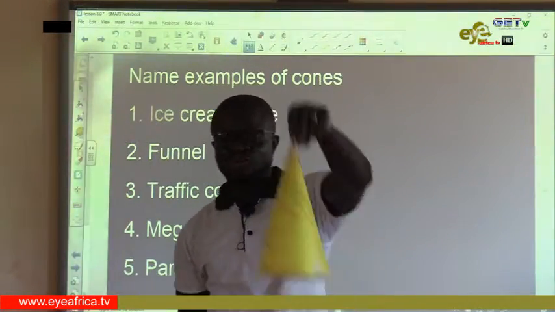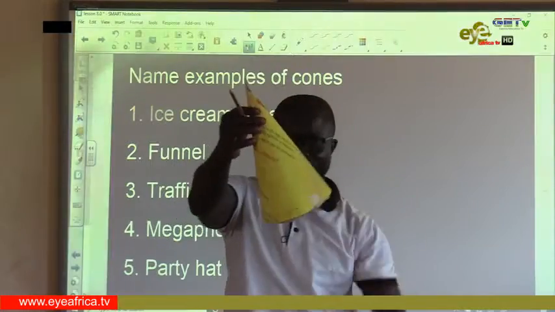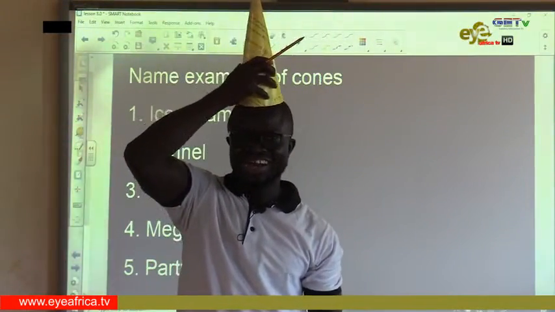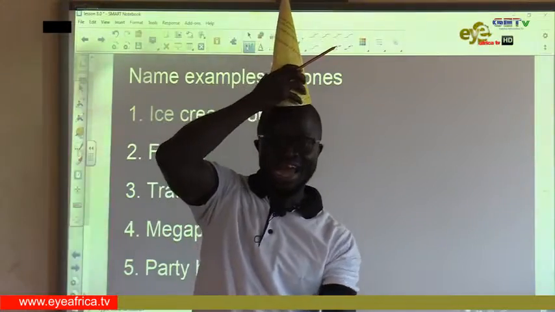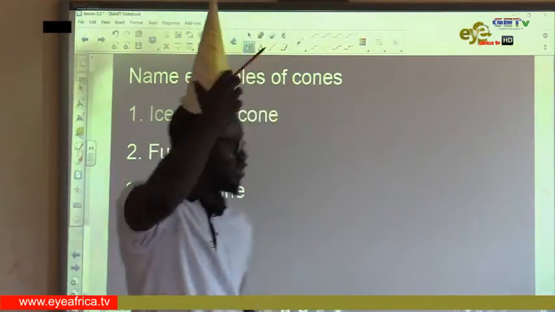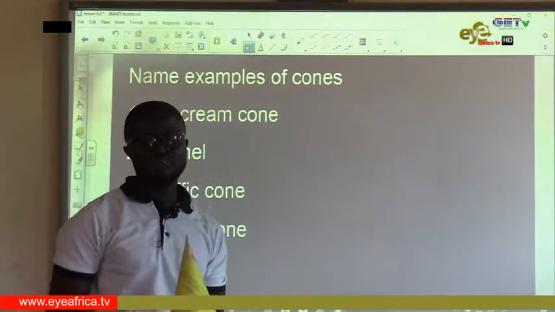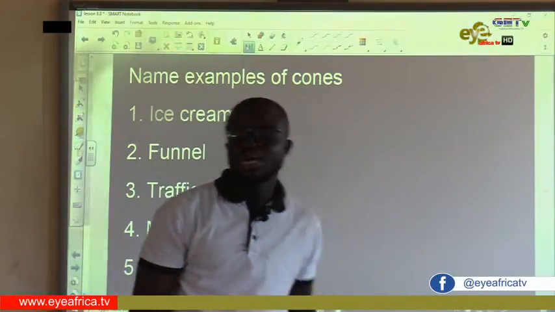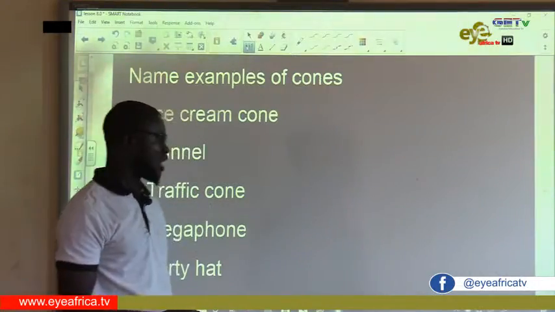Normally, they are also made out of this shape. So normally these are things that we put on our heads and they form what? The hats that we use in celebrating our parties. So the party hat also has features of a cone. So in this case, we cite it as an example of a cone at the level that we are.